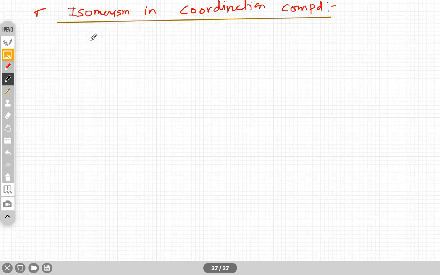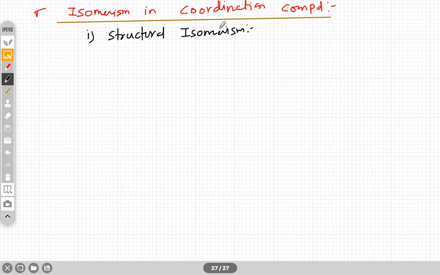So two types of isomerism it shows: structural and stereo. First we'll see structural isomerism. Here also we have certain definitions and then examples. In stereoisomerism, we have to see how to draw the different isomers and how to find out whether the drawn structure is different from the other structure. There we have to understand a bit. But here we just have definitions and then examples, like we had in the isomerism chapter.